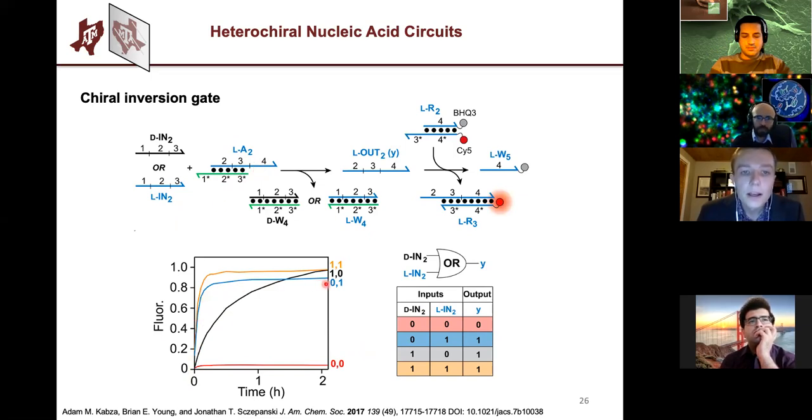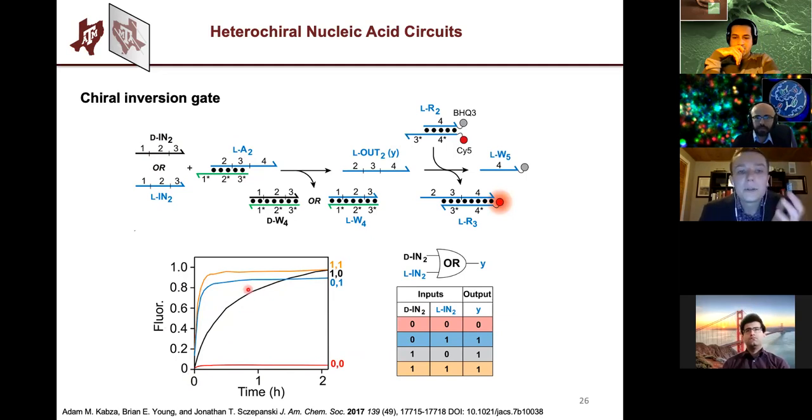When the D input is placed to displace this L, we get a relatively much slower activation than the L. We realized that because this duplex is going to be a left-handed helix, there's a kinetic and thermodynamic penalty to doing the branch migration.